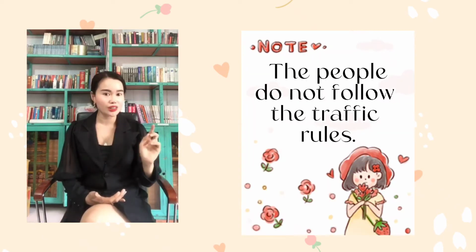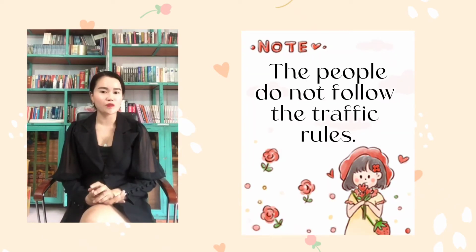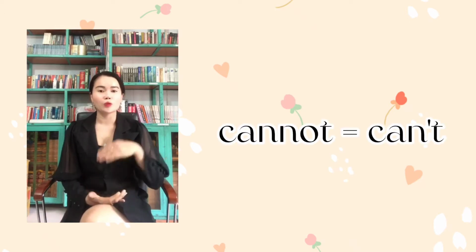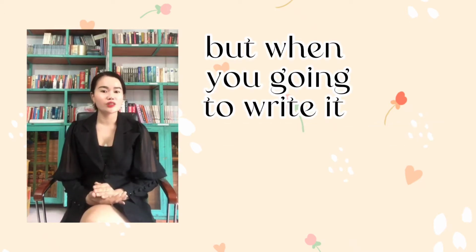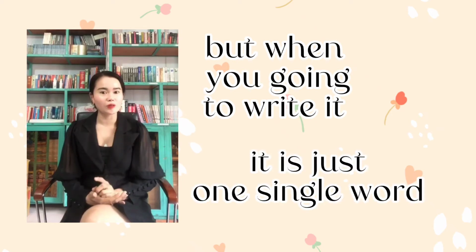Instead of that, you have to write the people do not follow the traffic rules. Well, take note, the contraction of cannot is can't. But when we're going to write it, it is just one single word, cannot.